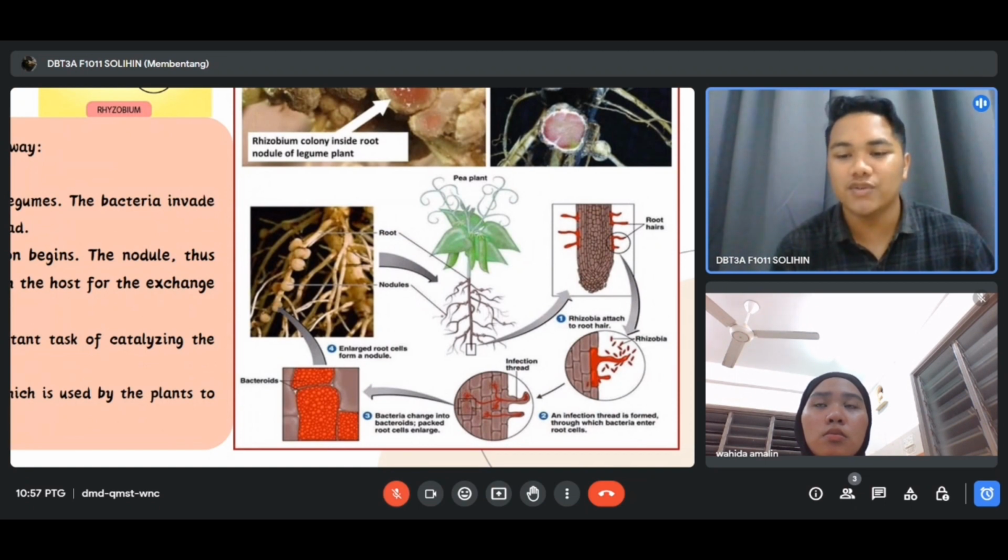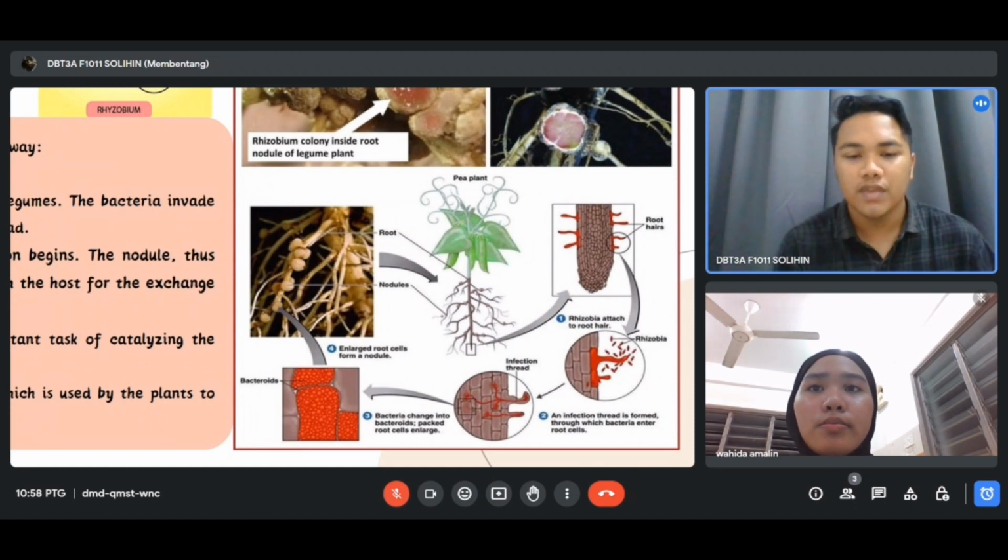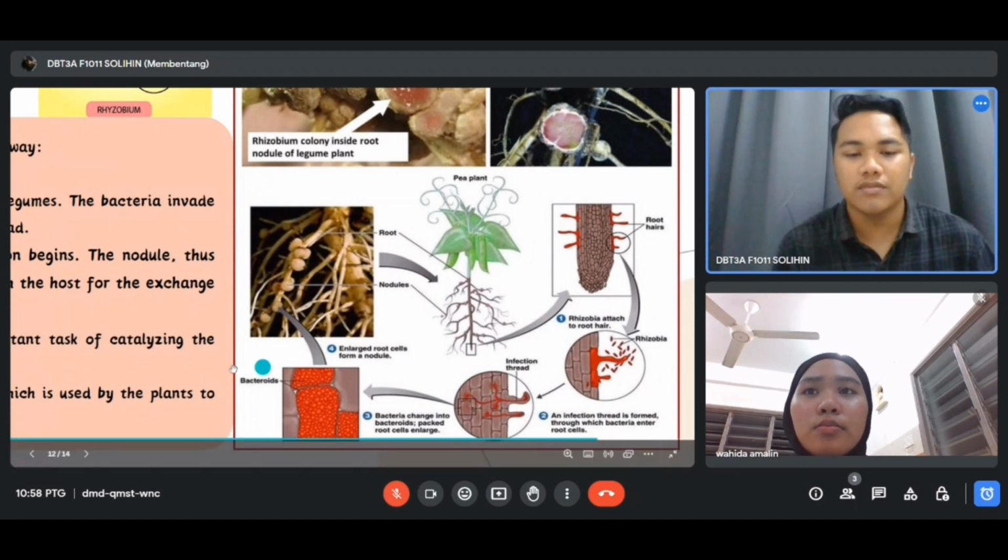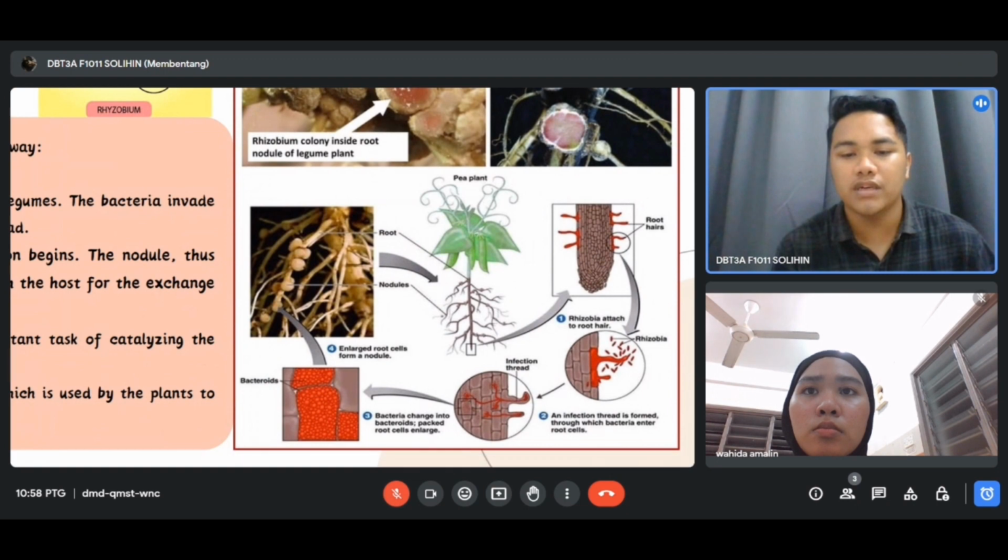After they enter the root cell, the bacteria change into bacteroid, which makes the root cell enlarge. This is the bacteroid, and lastly they form the root nodule.